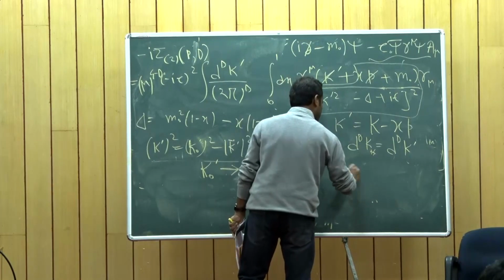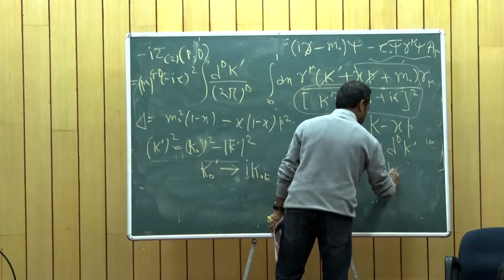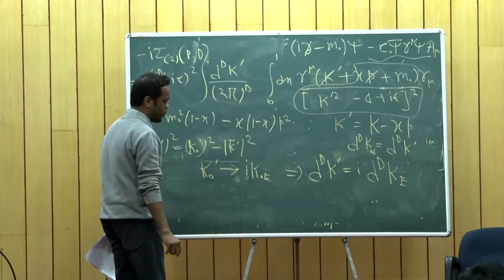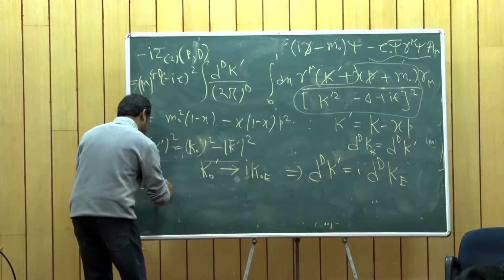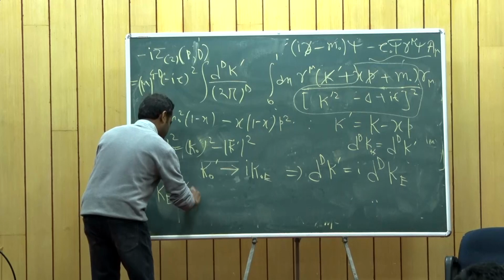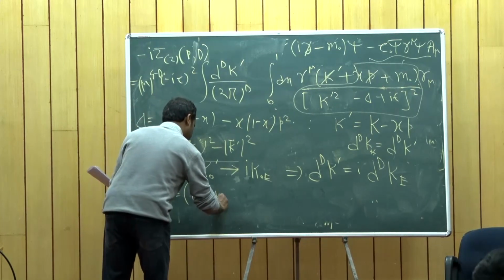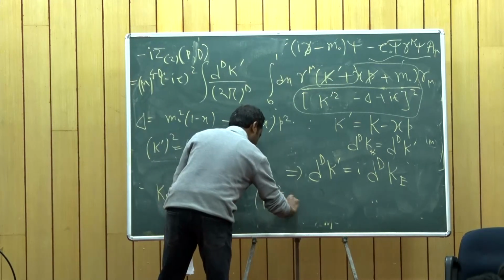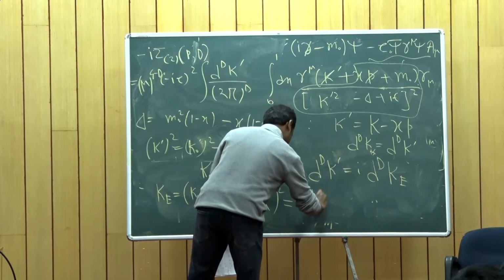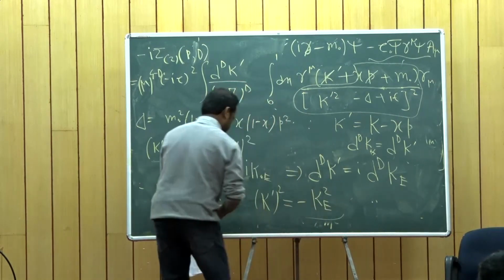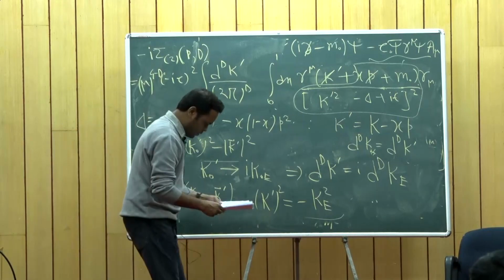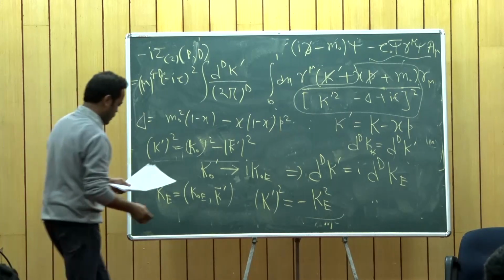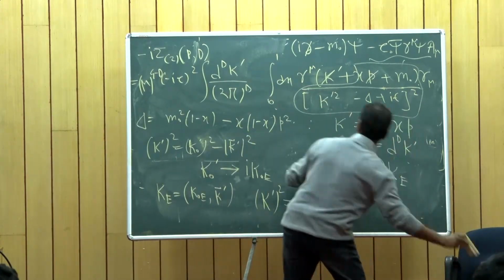d^d k prime will be i times d^d k e. It comes from the k0 prime part, and this vector k e is k0 e and k prime. And k prime square is k square. So if you do all these things in this integral, let me write down this integral part only.